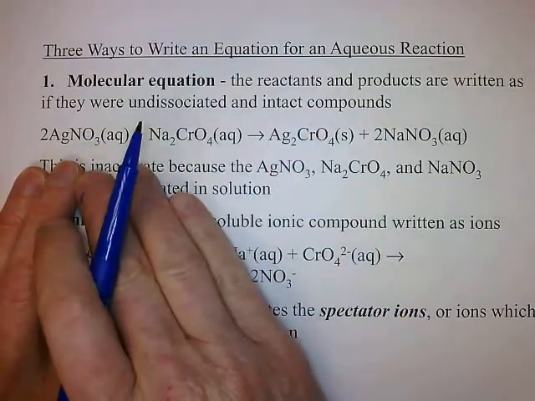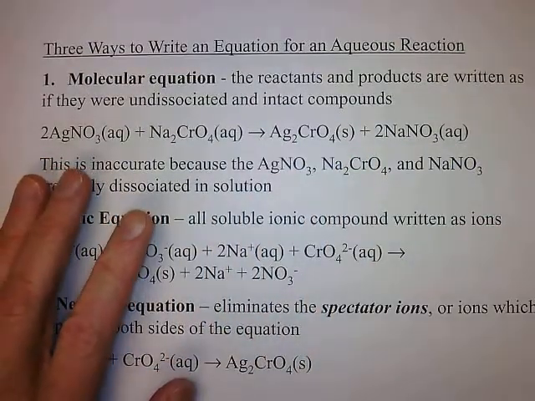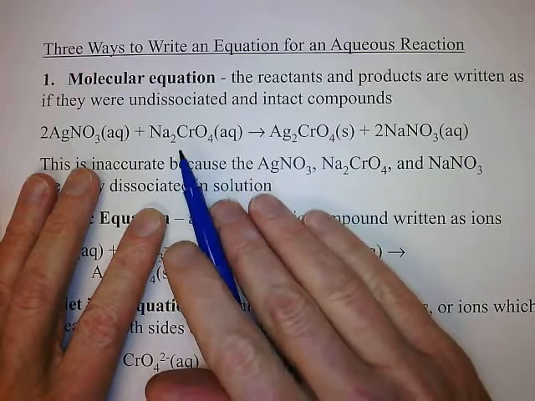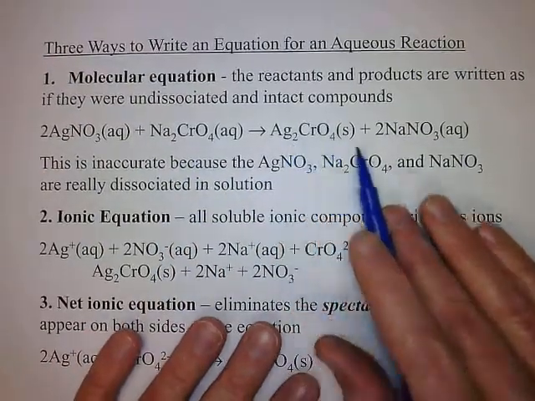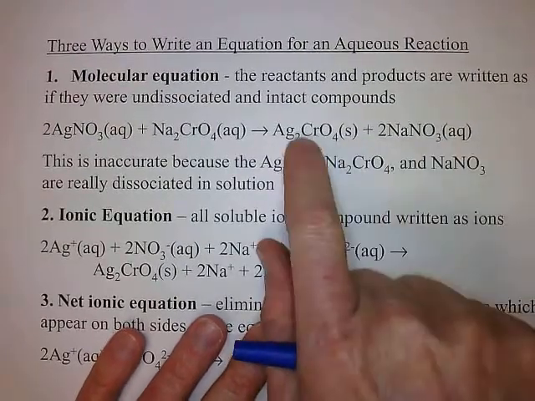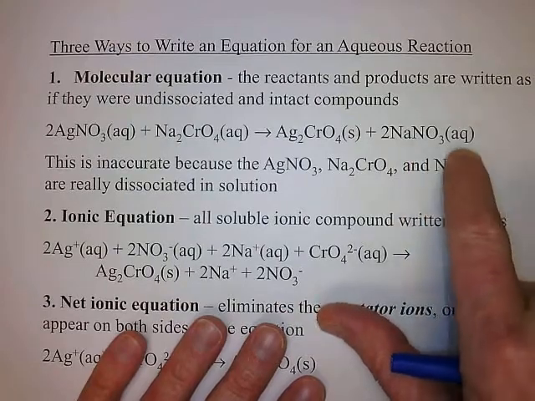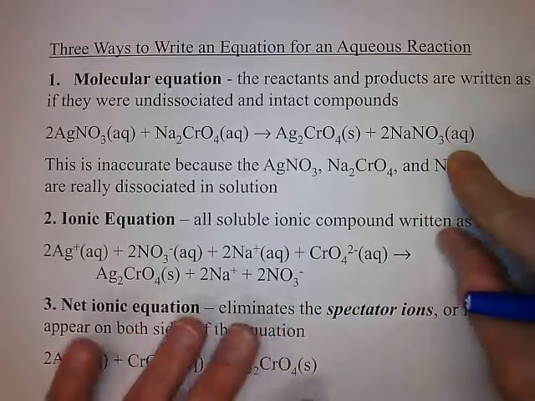So back to a reaction similar to the one we started with talking about. Silver nitrate and sodium chromate gives us silver chromate and sodium nitrate, right? Silver chromate is a precipitate and sodium nitrate is soluble, so it's aqueous, which means it remains in solution.